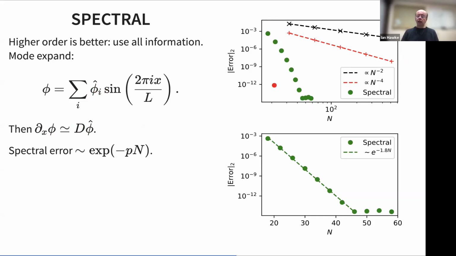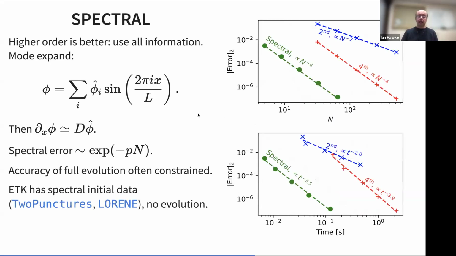What we find here is that the error falls off exceptionally quickly. In comparison to the finite difference schemes here, we see the error in approximating the derivative is hitting floating point accuracy already at a few tens of modal coefficients. In particular, we're seeing exponential convergence. This is far faster than we should expect for any finite difference method whatsoever.